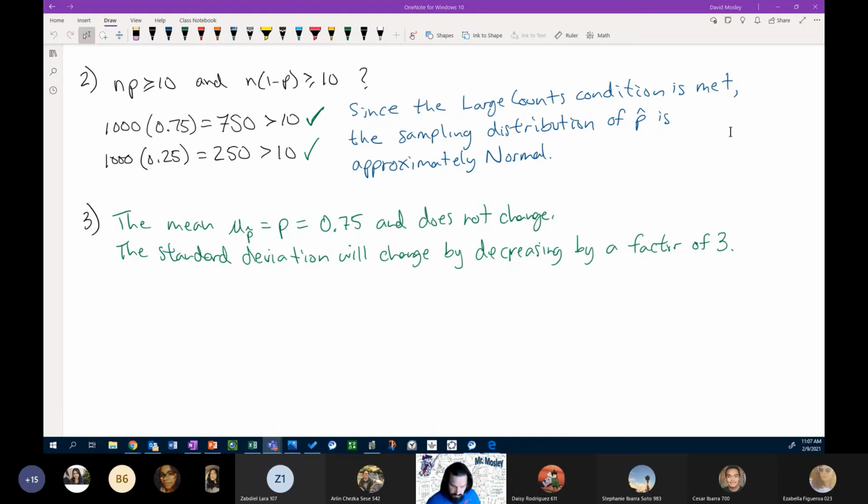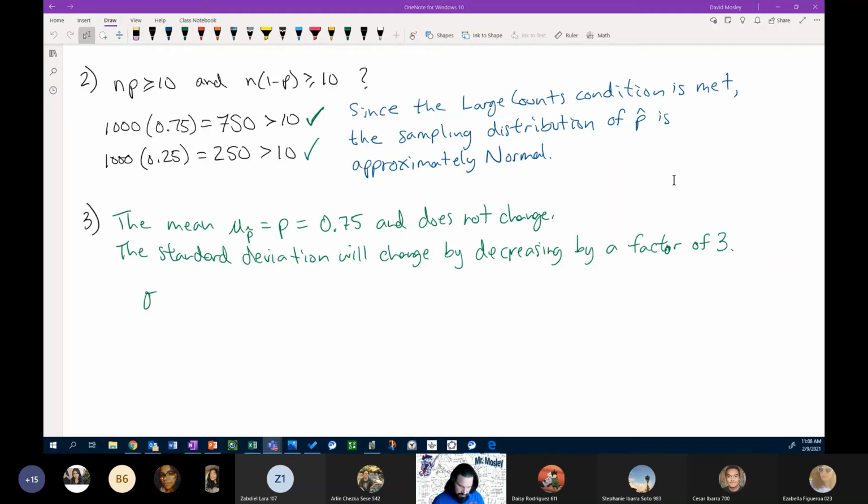We can estimate this because we're increasing from 1,000 to 9,000 as our SRS size, and that's 9 times the simple random sample. The square root of 9 is 3, and we're using the square root in the standard deviation.